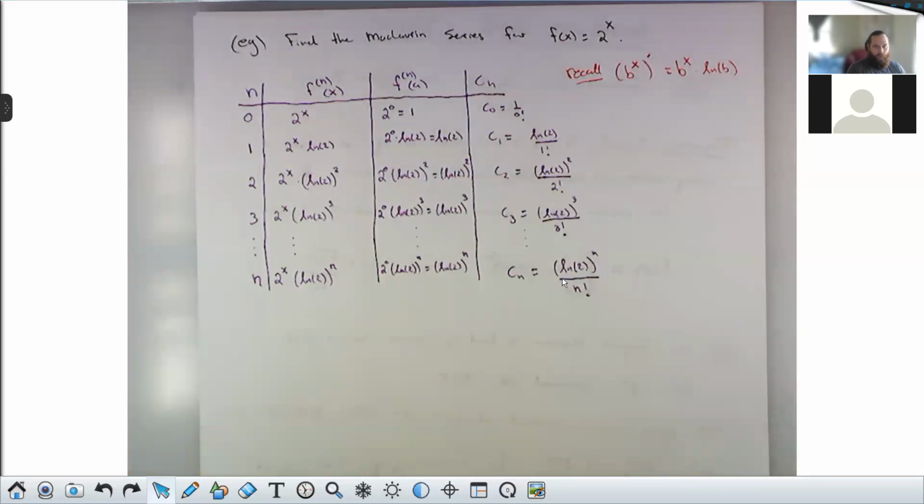And really, through this whole process, it's this thing that I'm looking for. Once I know the Cn's, I just plug that into the formula.